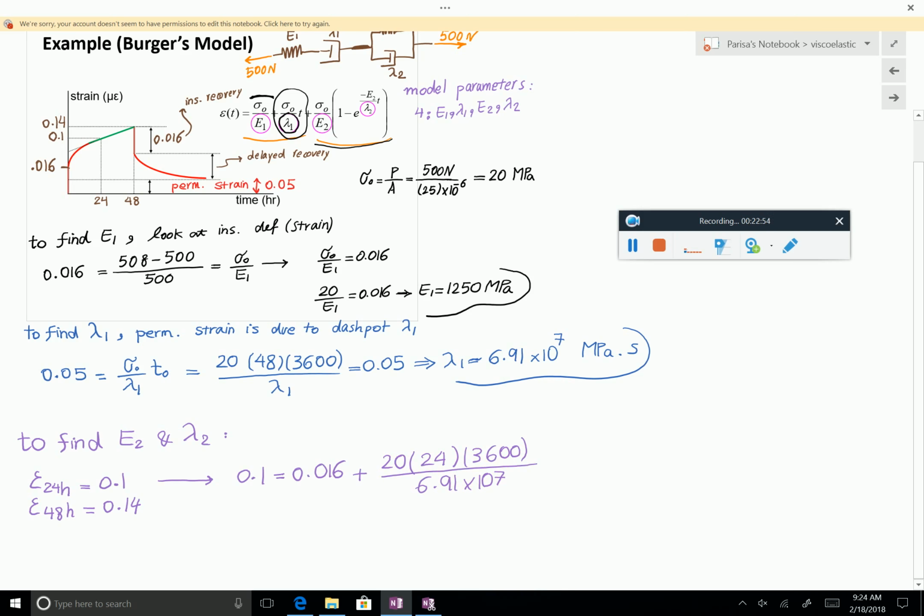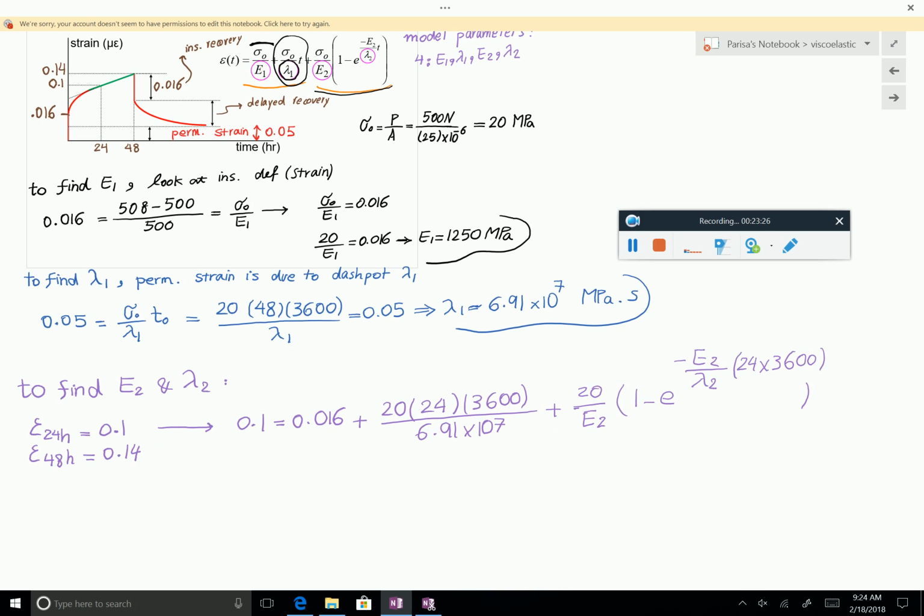And then finally the last term, which is sigma 0 over E2 times 1 minus e to the power of minus E2 over lambda 2 times 24. So this is also 20. This we know too.